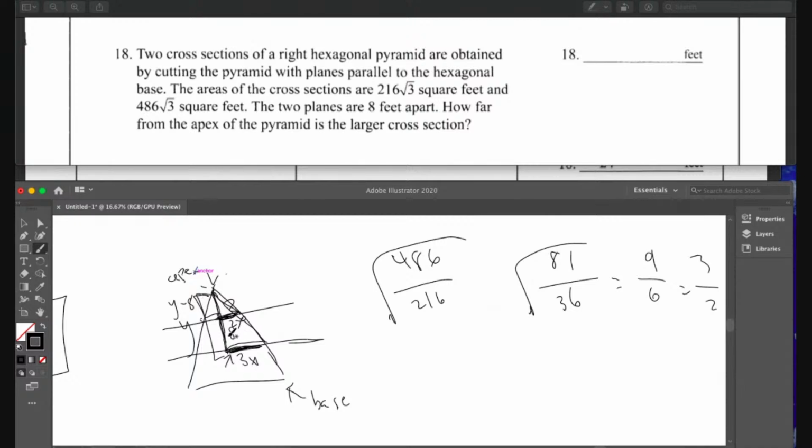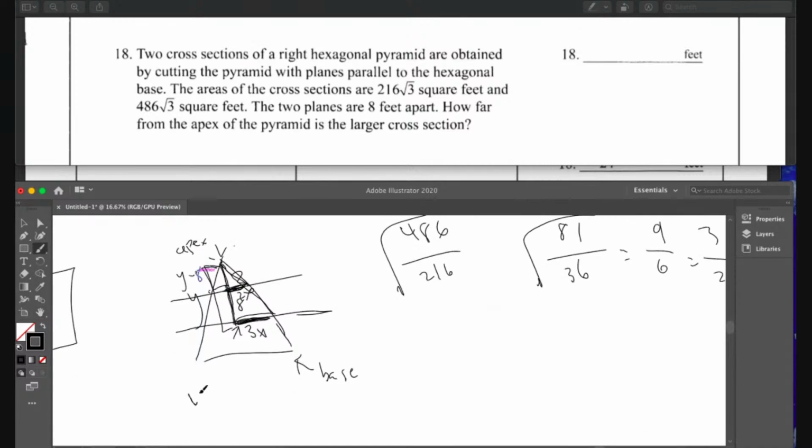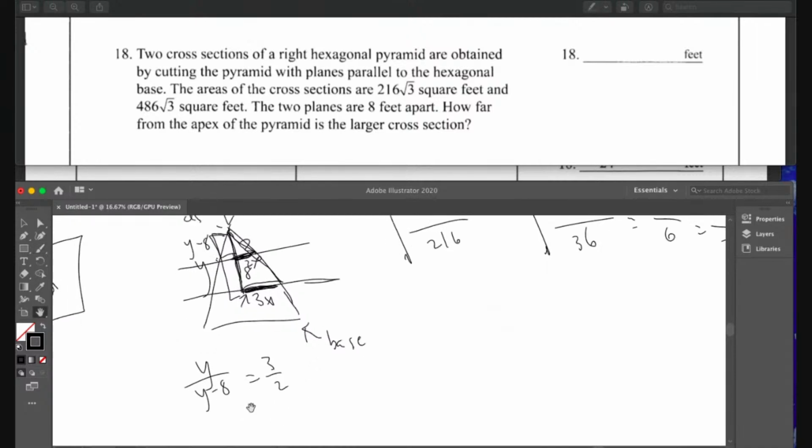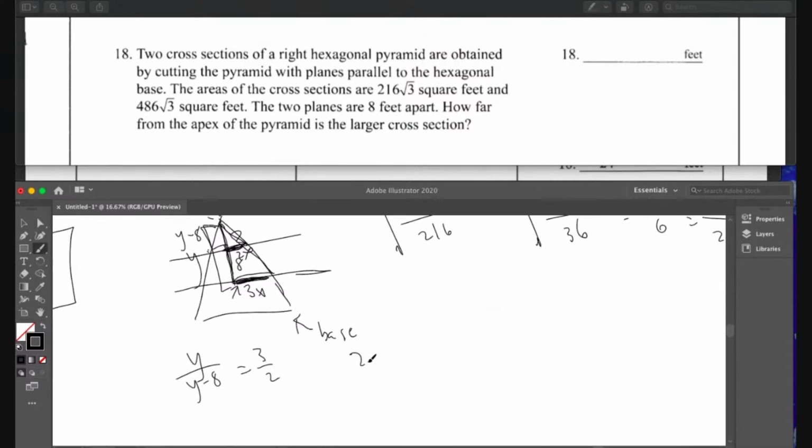So then this is going to be y minus 8. So from the similar triangles, if the ratio of the bigger triangle to the smaller triangle in lengths is 3/2, then y over y minus 8, which is just the heights of the triangles, is also going to be equal to 3/2. And then here we can just solve for y, right?